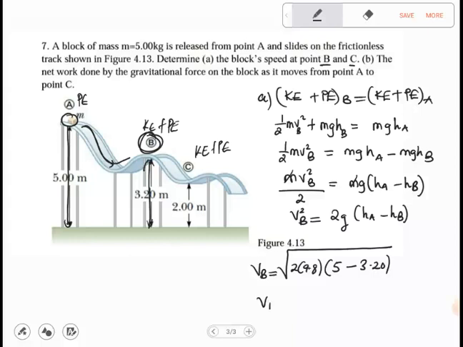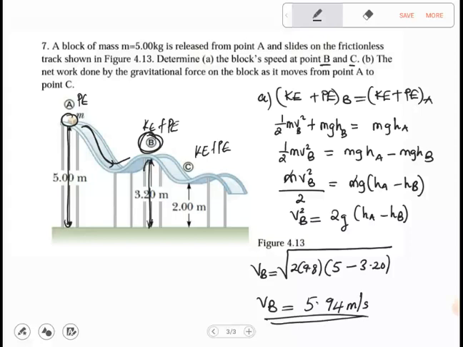Get your calculator and punch. 5 minus 3.2 is 1.8, then 1.8 times 2 times 9.8, then you square root that number. Remember in physics, you round off to 3 significant figures. So this should give you 5.94 meters per second. That is how it's supposed to be. This is energy, so conservation of mechanical energy is very important.